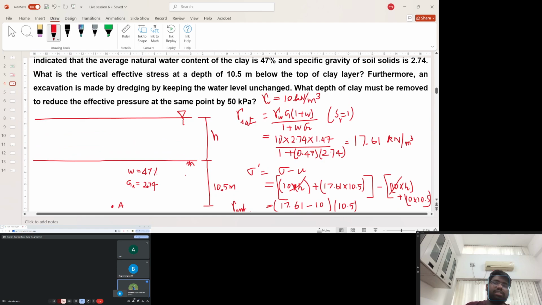So the second part is, furthermore, an excavation is made by dredging, keeping the water level unchanged. So the water level is unchanged and some dredging is happening.